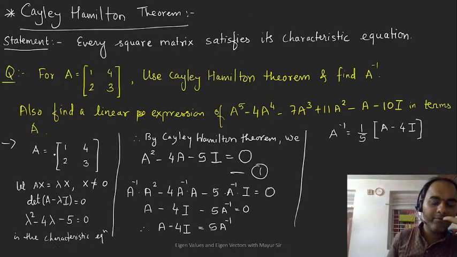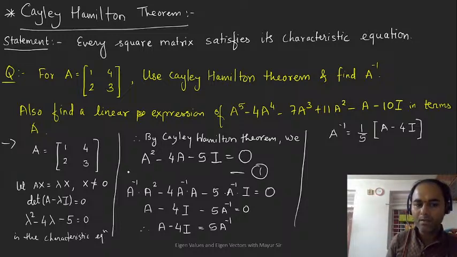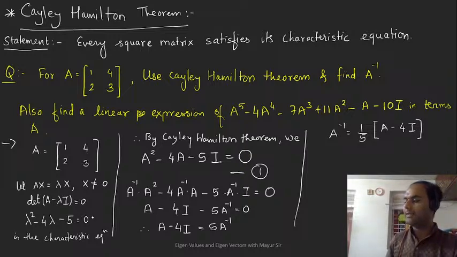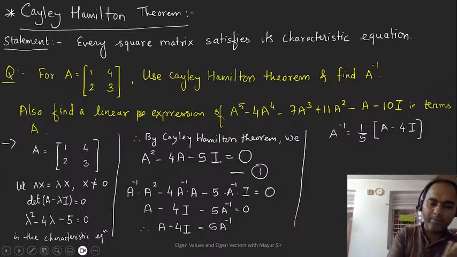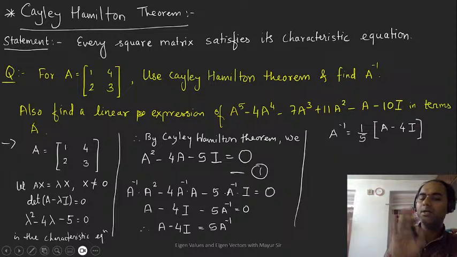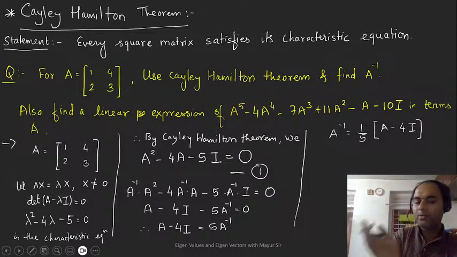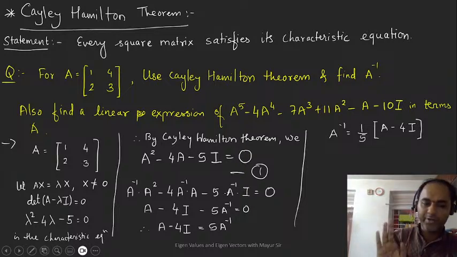If you say equal to 0, then it is the characteristic equation, but if you only consider lambda square minus 4 lambda minus 5, then it is called the characteristic polynomial. If you don't put equal to 0, then what is written on the LHS is called the characteristic polynomial.